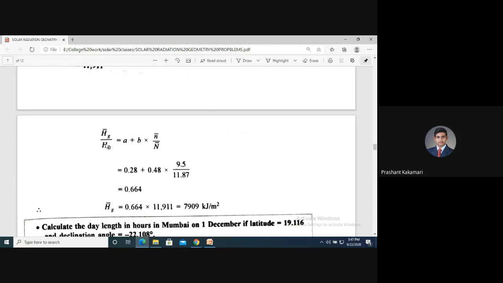So I'll take Hg bar by H naught bar equal to A plus B constants, S by S max bar or S bar by S max bar. In that equation, you can substitute all these values and find out the monthly average global radiation. And as per this 11,911, watt per meter square for the average, you can write this answer in watt per meter square, not in kilojoules per meter square. It is in watt per meter square. So this is the change you have to take.